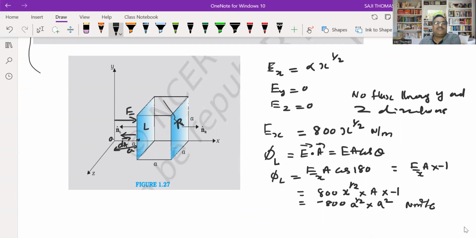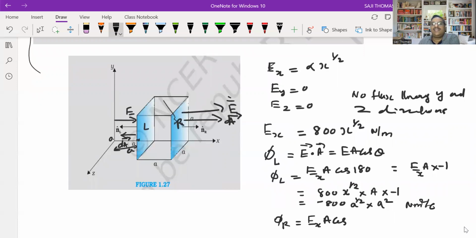In the same way, you can find the flux through the right face. The equation is the same, E A cos theta. For the right face, the electric field is along the positive x direction, and the normal to the surface, that is the area direction, is in the same direction.